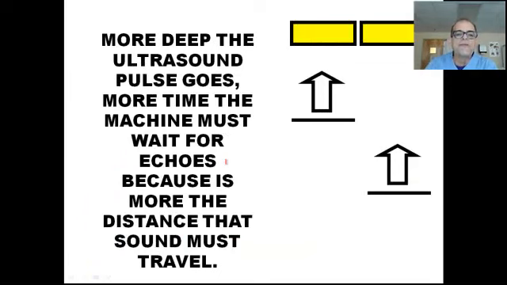The deeper the ultrasound pulse goes, the more time the machine must wait for the echoes, because the distance that the sound must travel is greater. In other words, pulse repetition frequency is controlled by depth, and they are inversely proportional.